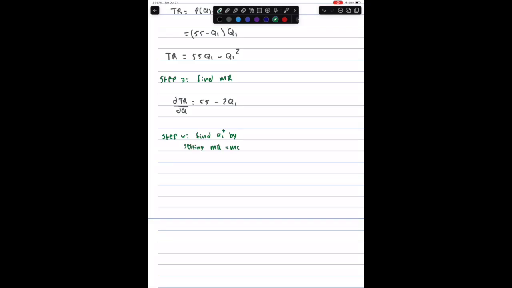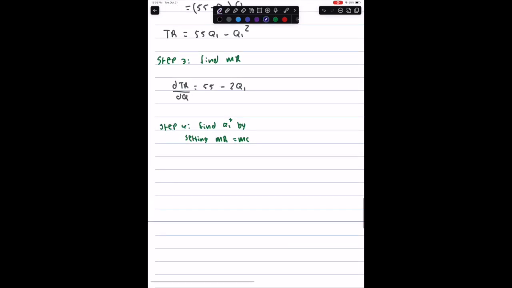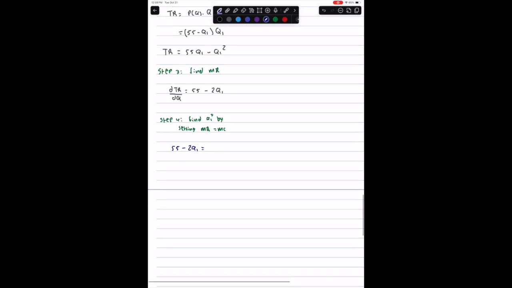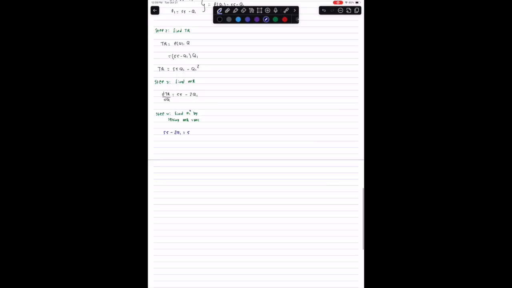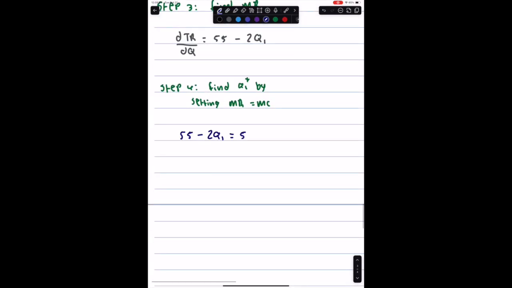Our marginal revenue, which we just calculated, is 55 minus 2Q1, and our marginal cost is equal to 5, because it was given in the question. Solving for Q1, we get 50 equals 2Q1, so Q1 star is equal to 25.